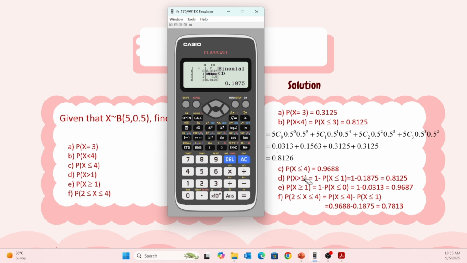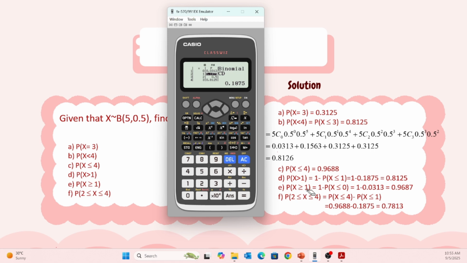Probability of x greater than 1 means starting from greater than 1, so it will be x equals 2, 3, 4, 5. So it is 1 minus probability of x less than or equal to 1 here. You read from binomial CD, 0.1875.